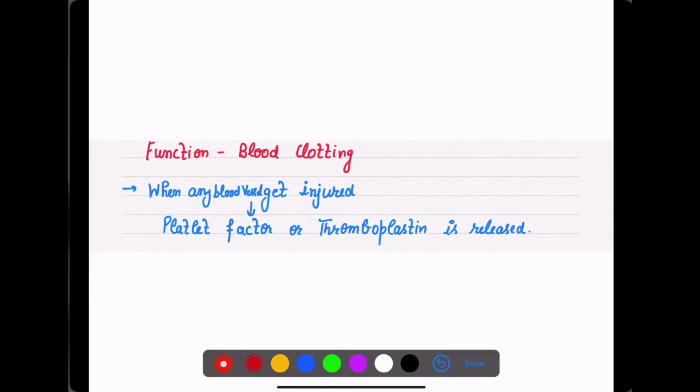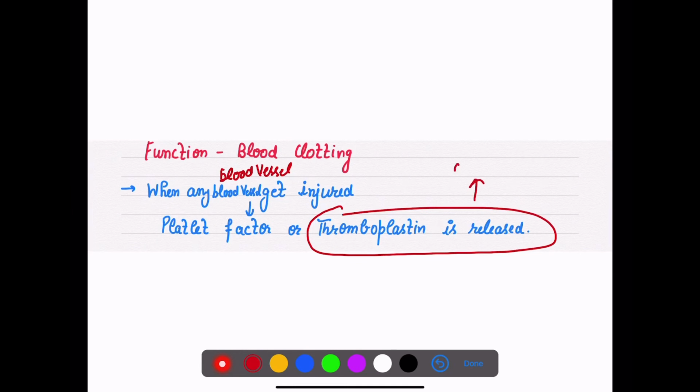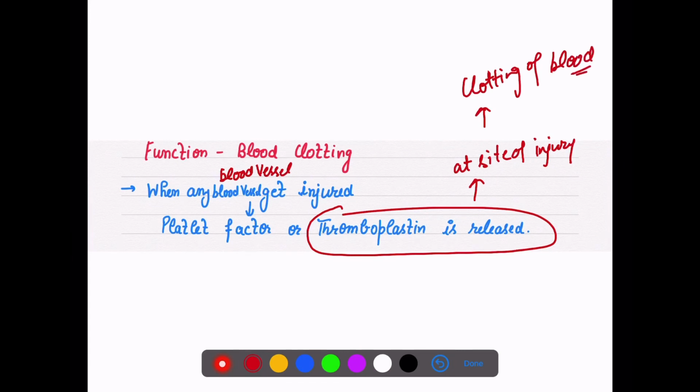When any blood vessel gets injured, then platelet factor or thromboplastin is released at the site of injury, and it helps in clotting of blood. Platelets get activated, they release fibrin, thromboplastin is released, and there will be clotting of blood.